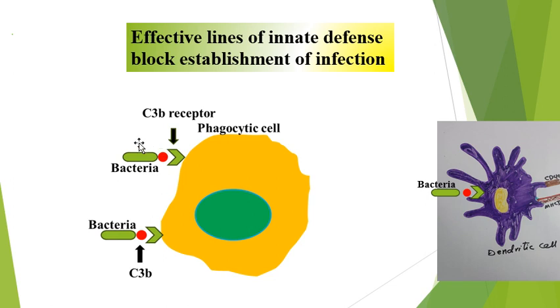C3b will bind to the bacteria to overcome the negativity on the surface of the phagocytic cell, and this helps in phagocytosis of the bacteria. As can be seen here, in a macrophage, for example, there are receptors for C3b, and this process is known as opsonization. Also in dendritic cells, there are specific receptors for C3b.